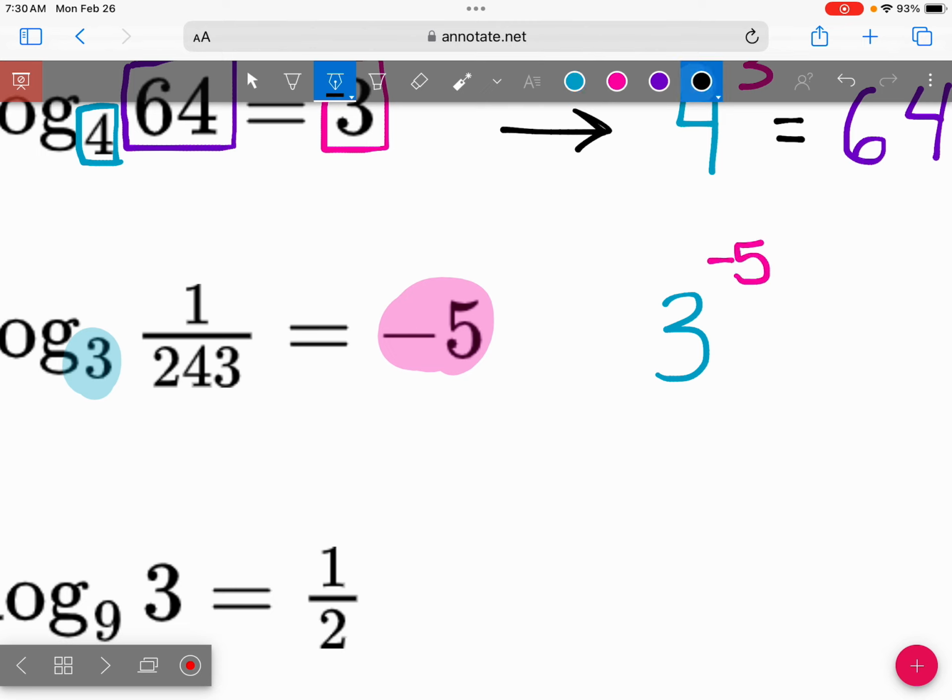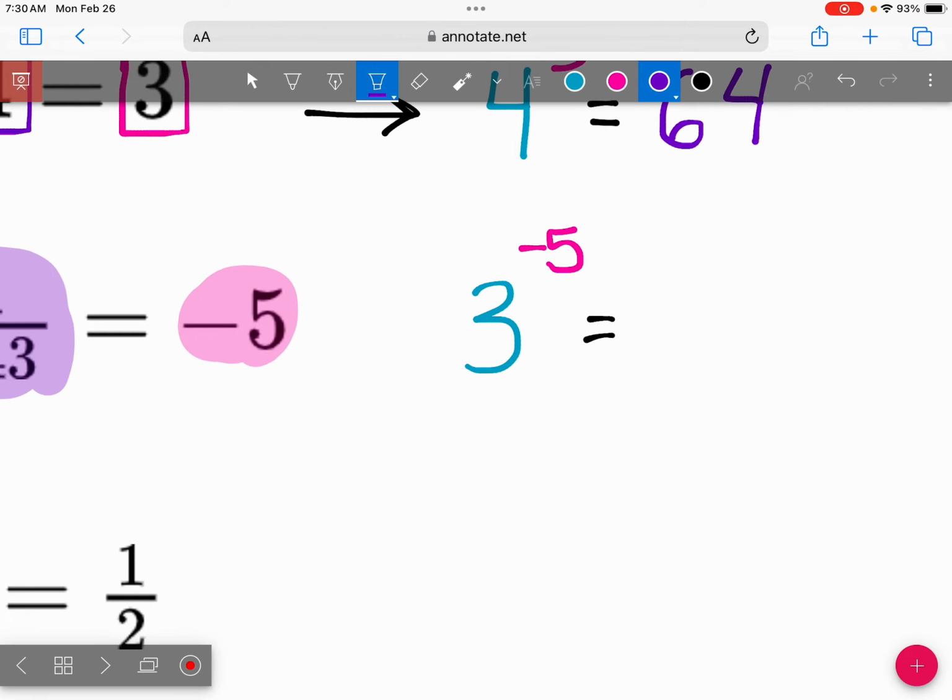Minus 5. And that's going to equal the only piece we have left, which is this piece here, 1 over 243. If you type that into your calculator, that does work. 3 to the power of minus 5 is 1 over 243.